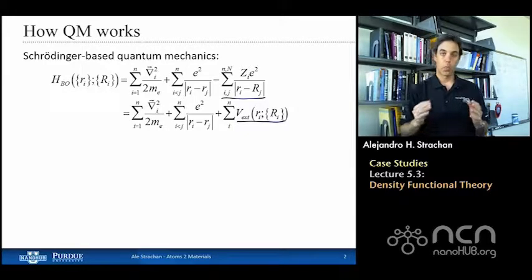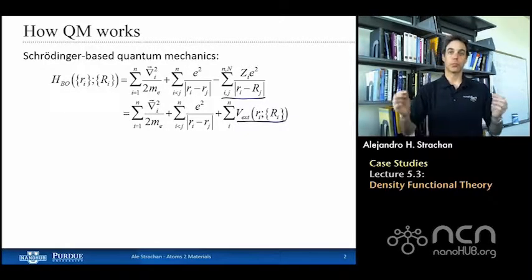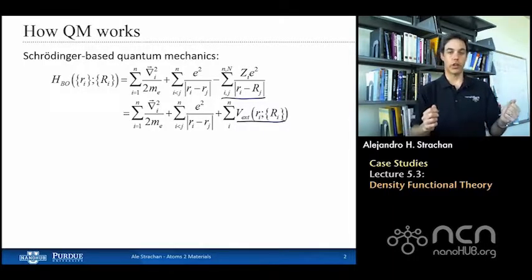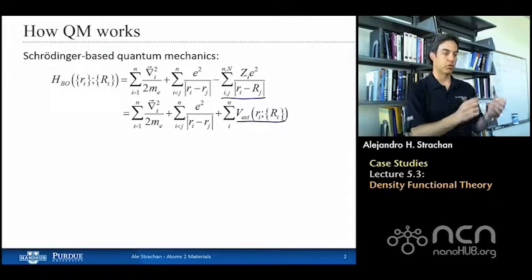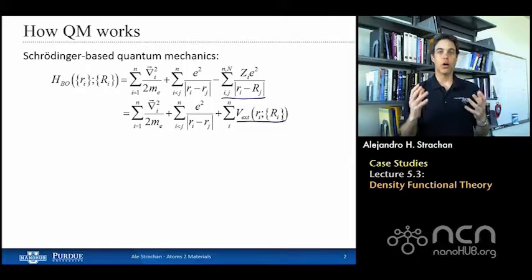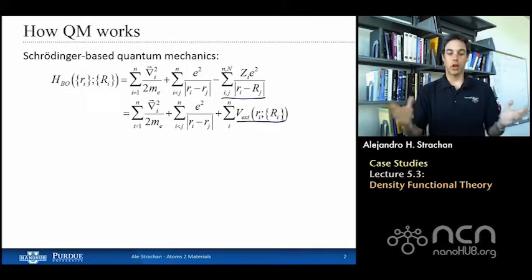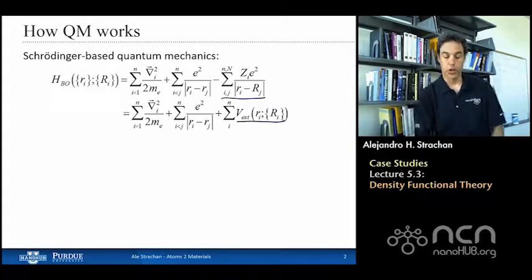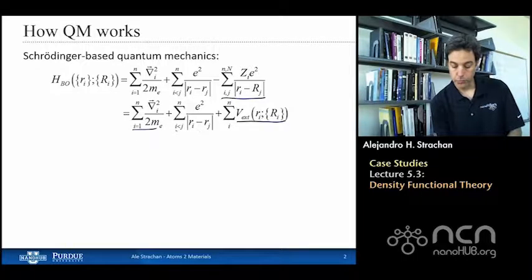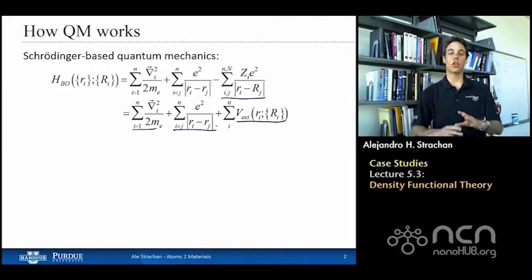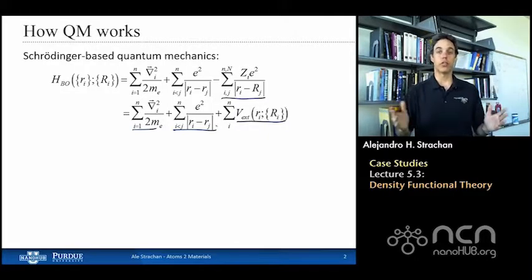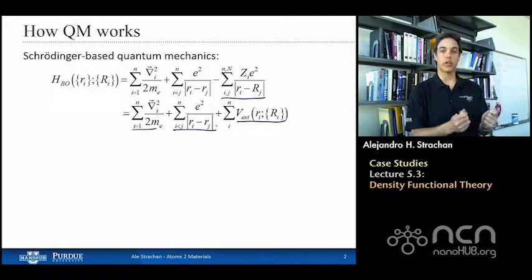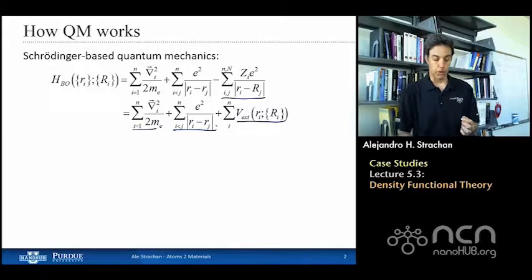Now if we look at this equation, the only term that tells the electrons that they are in iron as opposed to aluminum or a polymer, the only term that's inhomogeneous, that's material specific, is the last term, the external potential term. The first two terms in the equations are completely general and don't depend at all on the system that we're dealing with. So all the information about the specific aspects of the system is in the external potential.